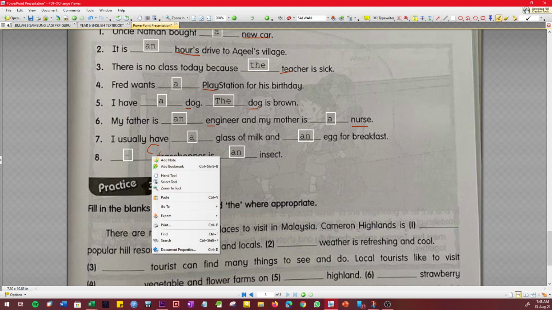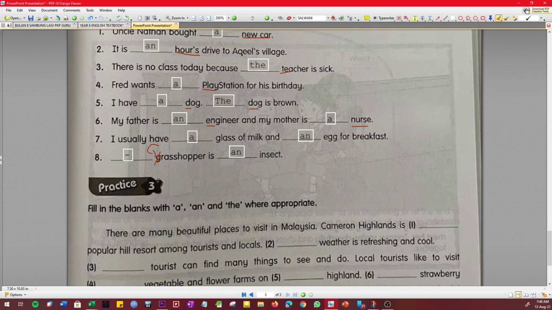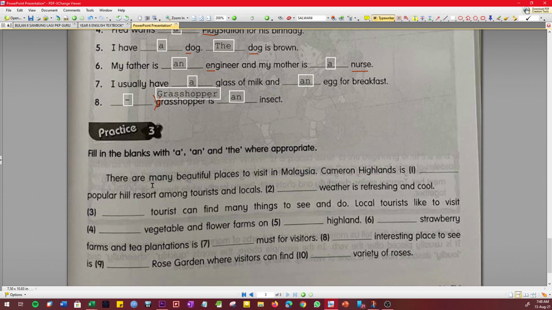Capitalize it. Capitalize the letter G. So it will become grasshopper. Okay, next.